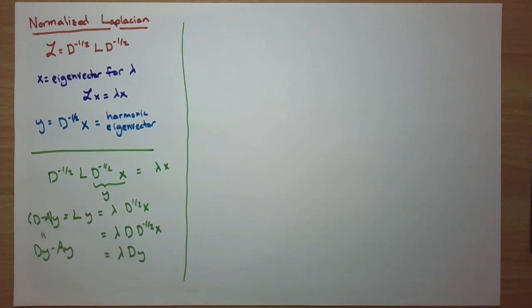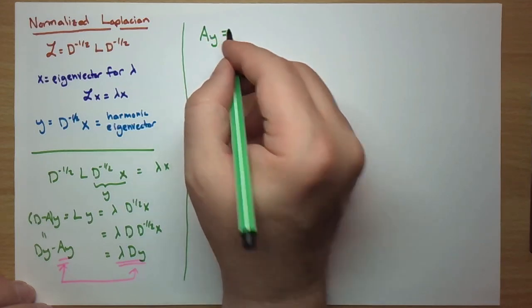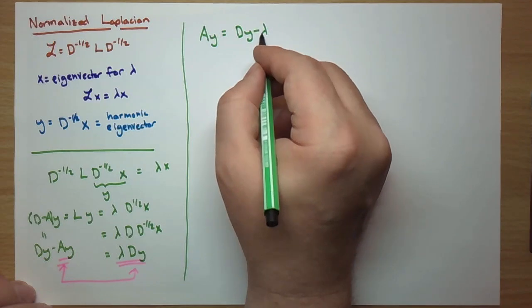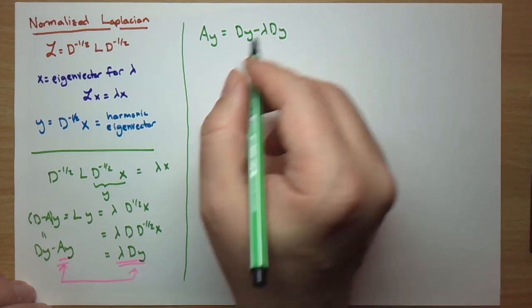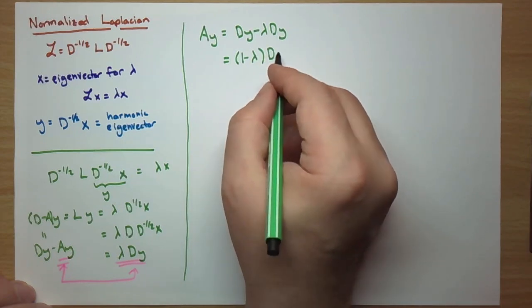For our last bit of moving stuff around, we're just going to swap signs. So this lambda d y and this a y are going to swap places. At that stage, we get that a times y is equal to d times y minus lambda d times y, or if you like, that's 1 minus lambda, d y.